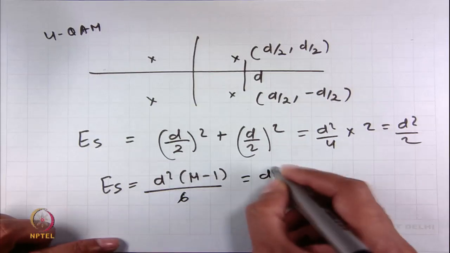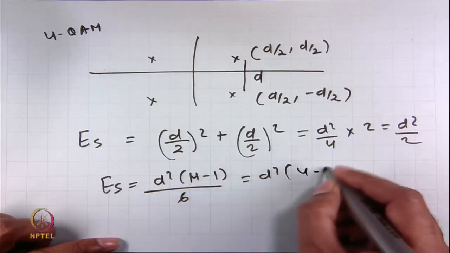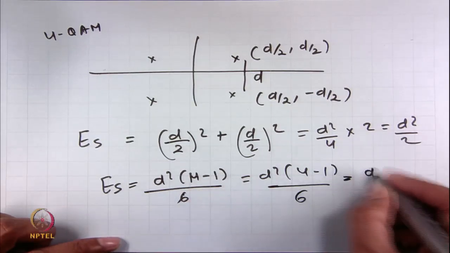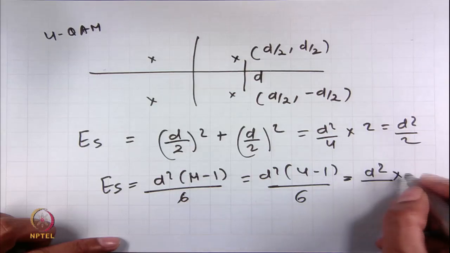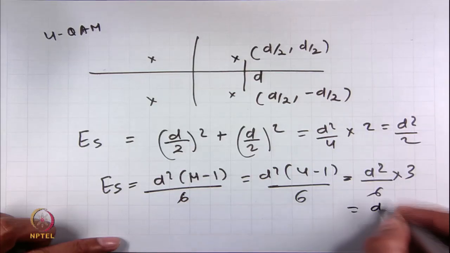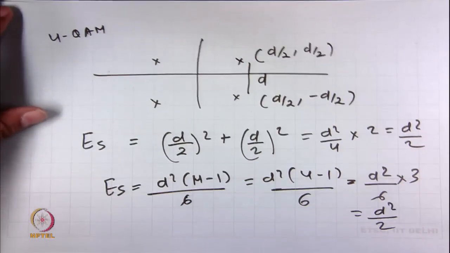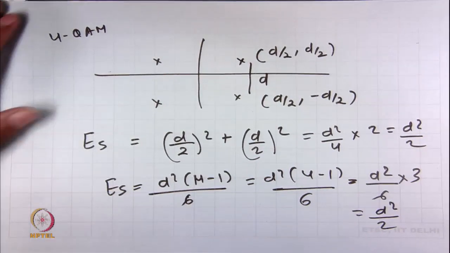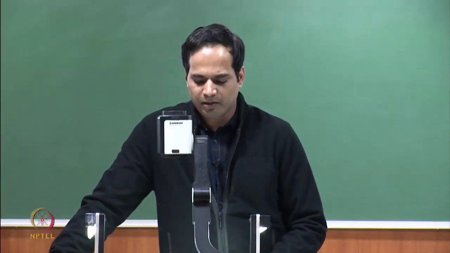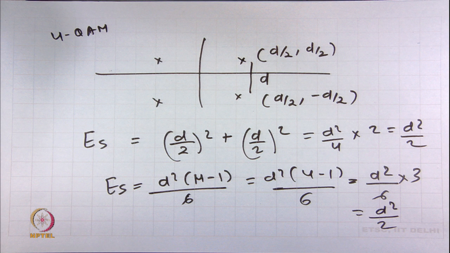So, we get M as 4, we get d square by 2. That means our formula is working and is correct, and it can be used to estimate the energy per symbol in even higher modulation QAM systems, where calculating energy will be not so simple as in this case.